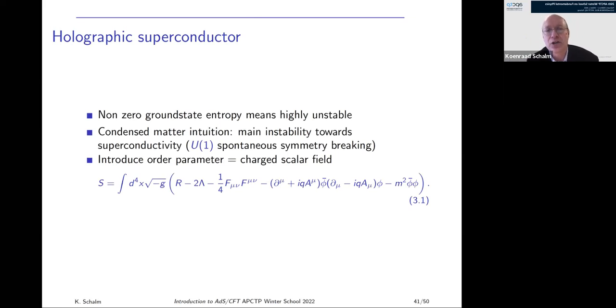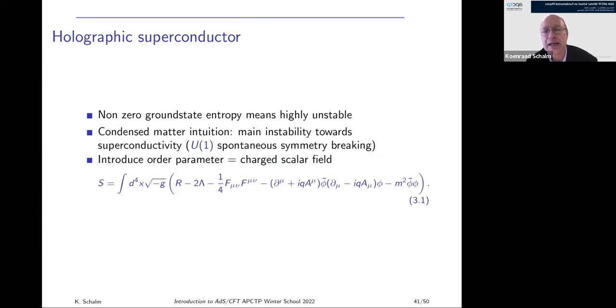It has this curious non-zero ground state entropy, right? Which from general thermodynamics considerations should mean that it's highly unstable. And condensed matter intuition would tell you that the main instability is towards superconductivity.